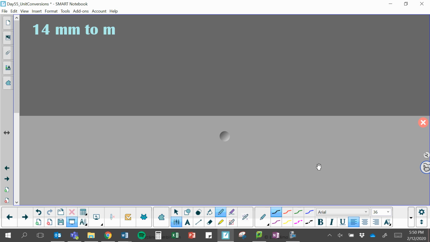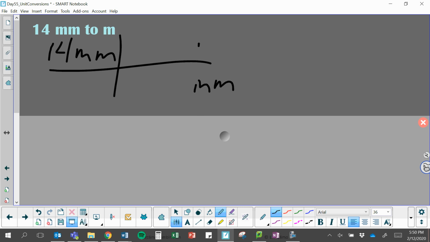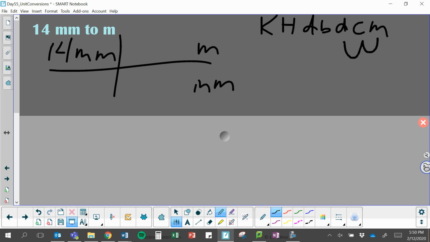Okay, so this one, our steps are still the same, 14 millimeters. And our millimeters are going to go down here and meters up top. So now we need to figure out what our unit conversion is. So King Henry died badly drinking chocolate milk. We're going from our millimeters, 1, 2, 3, to meters.